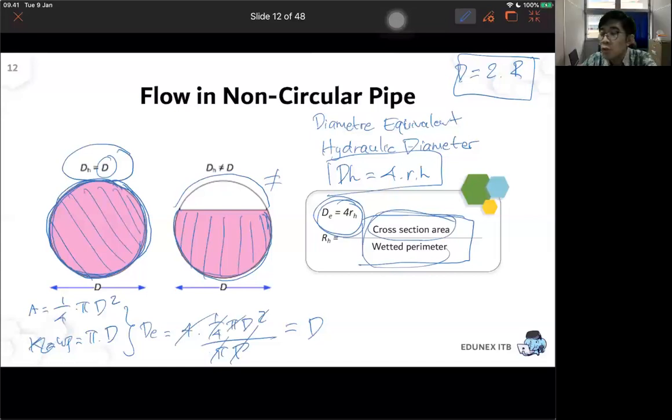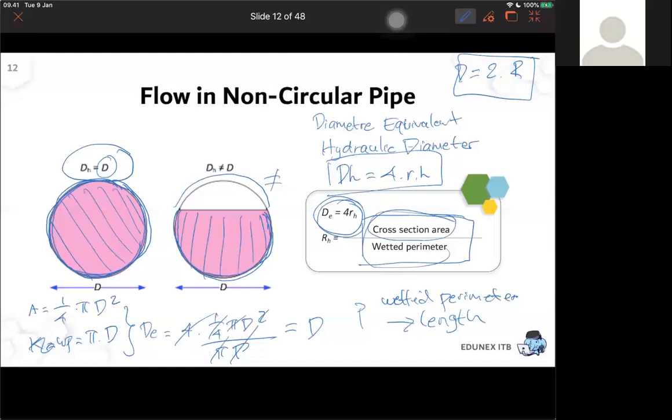You need to see which length. The wetted perimeter's unit is length, but which length? Only the length that is in contact with the liquid. That's why it's called the wetted perimeter. Okay, sir, I got it.